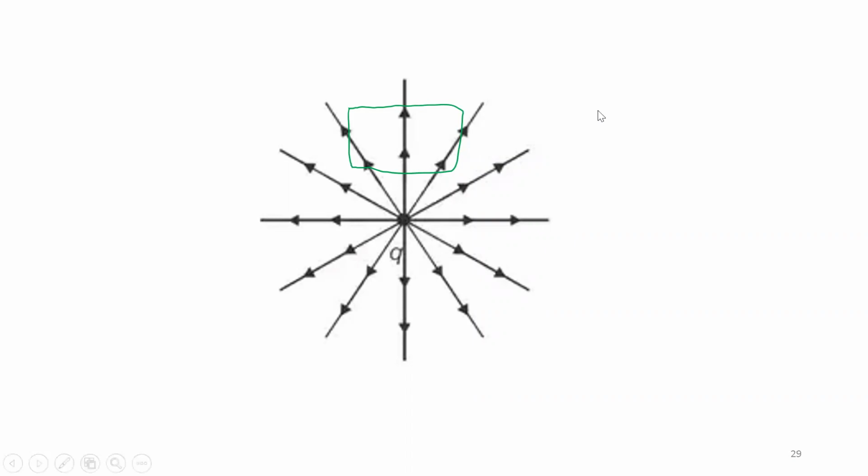If I say that the divergence of the field in this region is 0, then the outward flux, the flux going out of this region, will be equal to the flux going into this region. Then that would give the divergence to be 0.